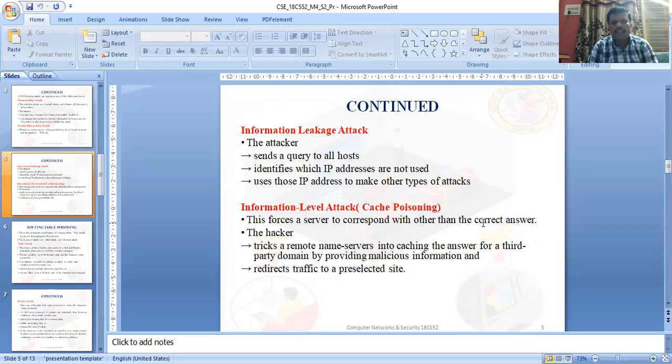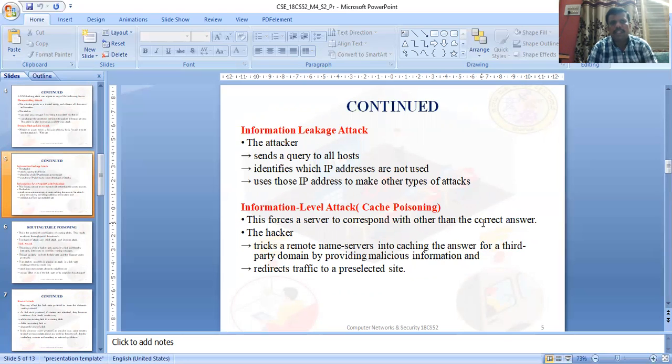Here is cache poisoning. In this attack, the hacker causes a server to respond with other than the correct answers, and tricks the remote DNS name servers into caching answers of a third-party domain by providing malicious information, and redirects the traffic to pre-selected sites.